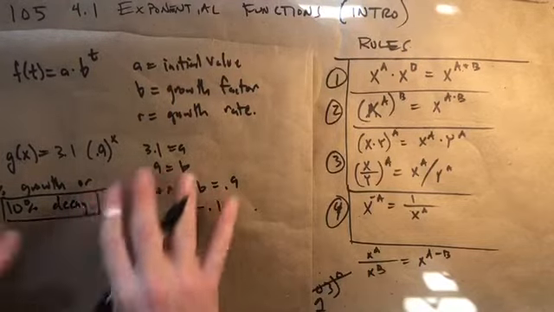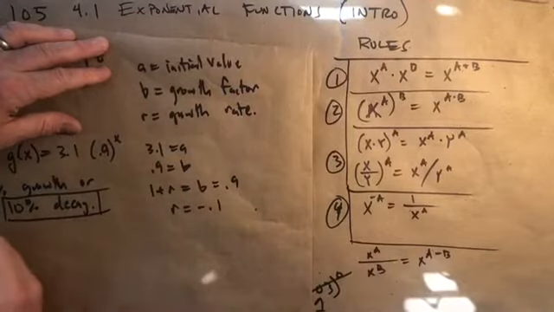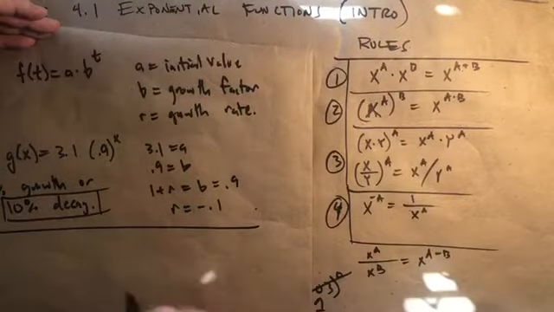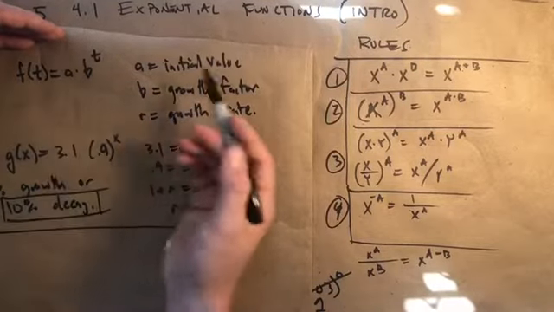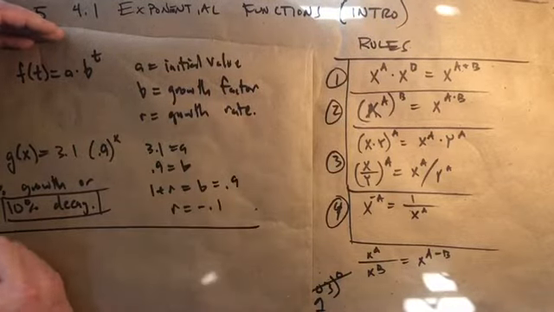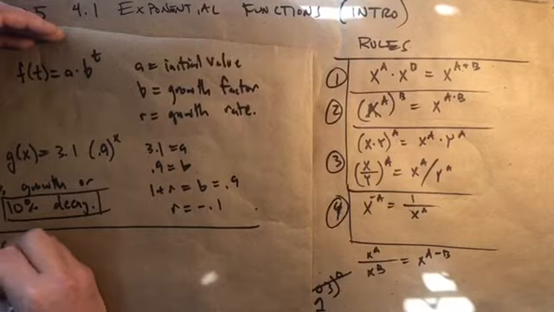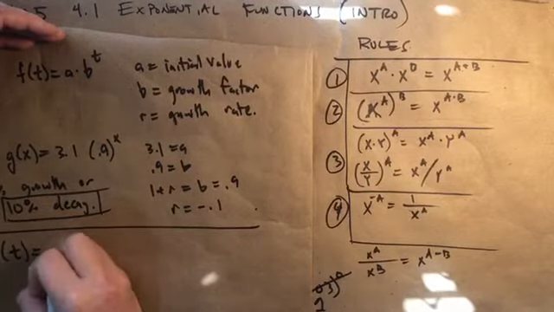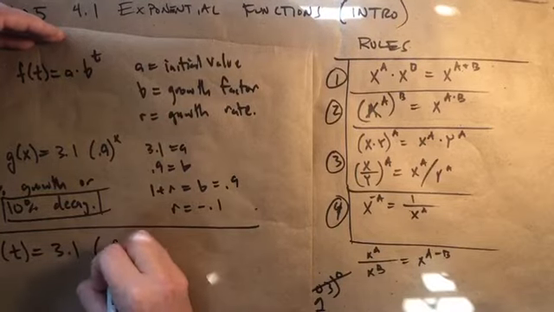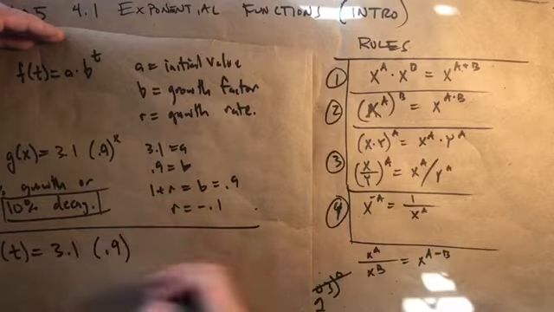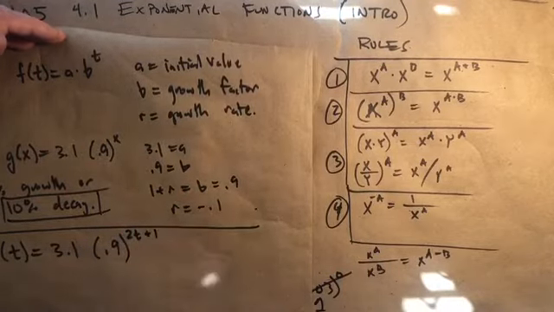I need to do one last thing, and the reason I left these rules here is a lot of the times we're going to get some exponential and we're going to have to manipulate it to put it into the form a b to the t. So if I have something like this, let's say h of t is equal to 3.1 times 0.9 raised to the 2t plus 1.